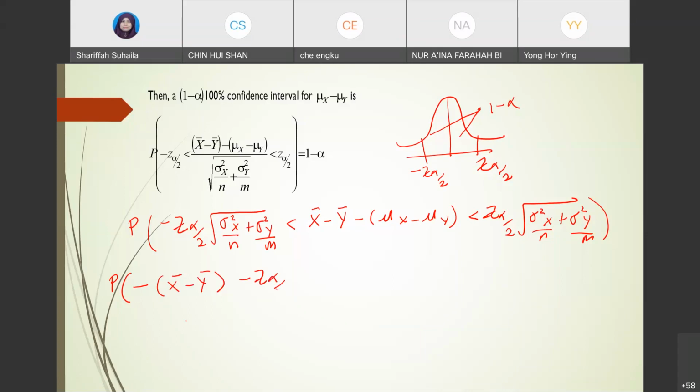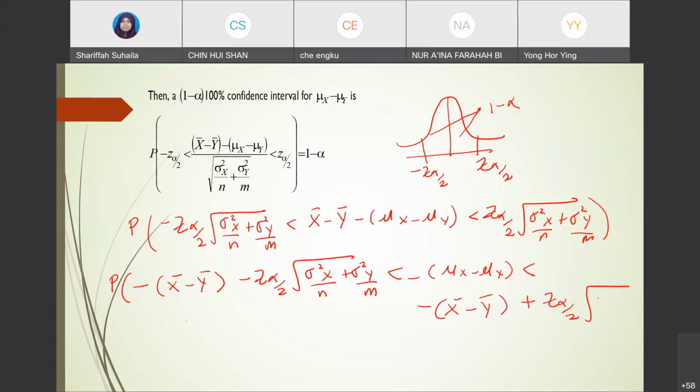Let's check the probability. Sigma square y over m. So this one kita ada mu x, mu y. Okay, the same thing, ini pun sama, kita bawa ke sebelah sini, negative x bar minus y bar, plus z alpha over 2 square root sigma square x over n plus sigma square y over m, equals to 1 minus alpha, dia punya probability dia. Okay.